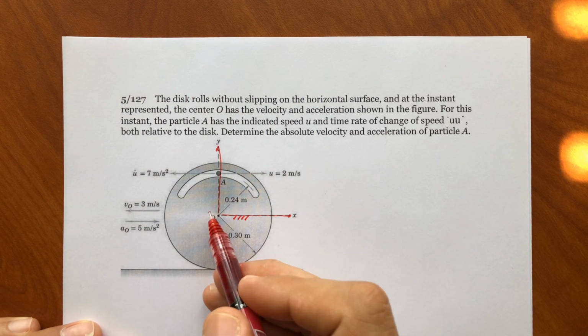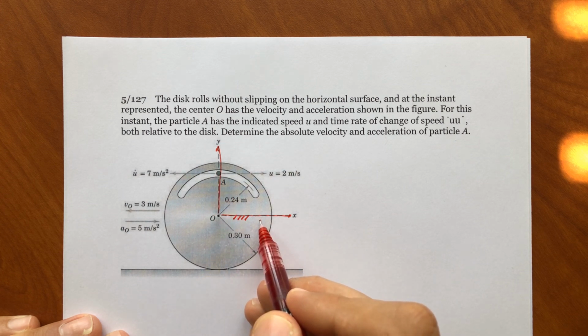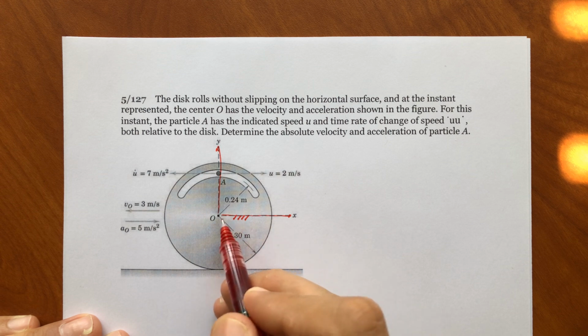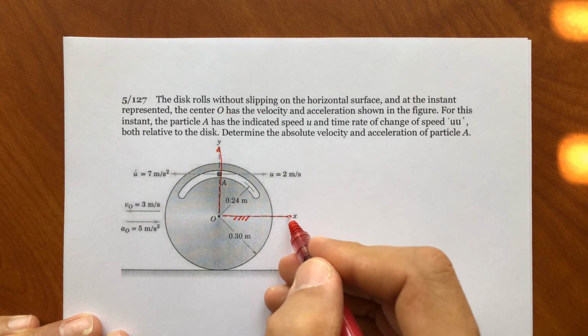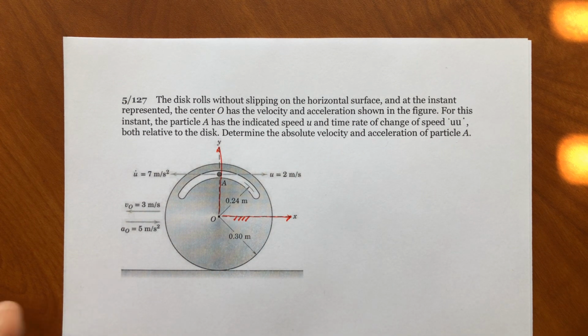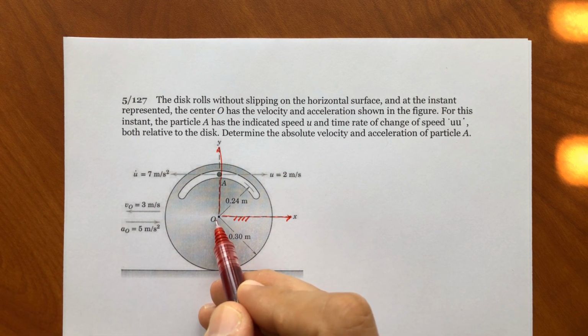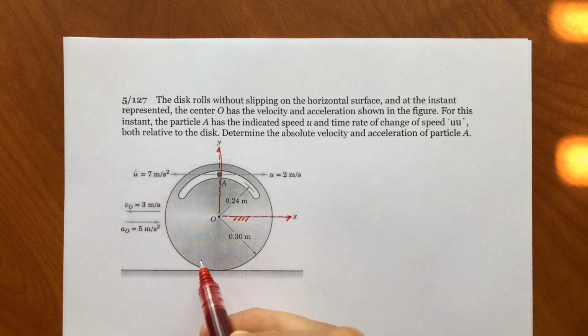Now I need to find, first of all, the angular velocity and angular acceleration of this frame, which means the angular velocity and angular acceleration of this disk, right? Because we are going to need that in those equations. Velocity of the center is given. It is 3 meters per second. And the disk is rotating without slip.